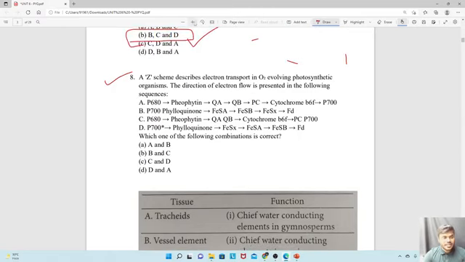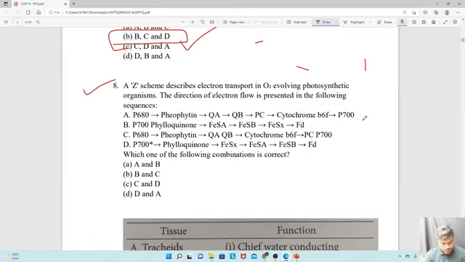Think and answer, friends. Don't be in a hurry. Everyone, slowly.